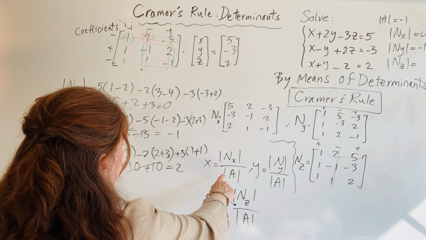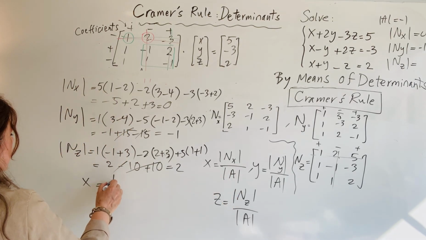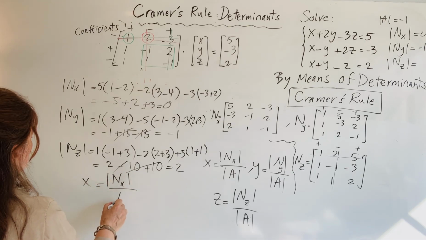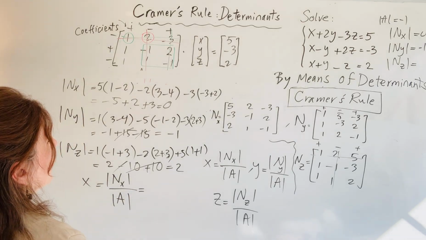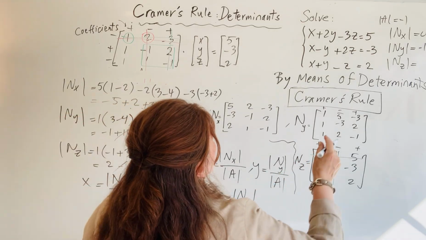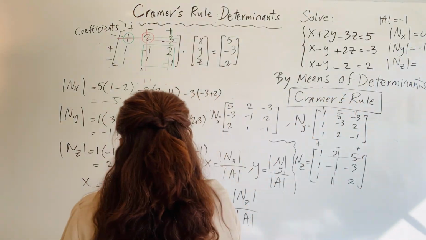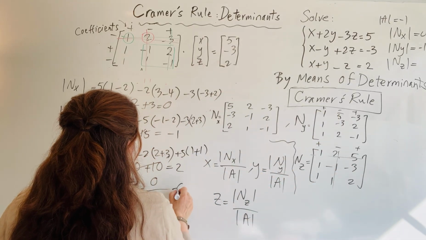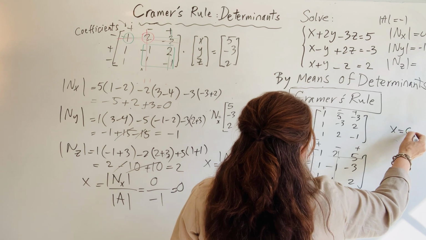Okay, how about this one? X is, you see that, X is over, how much is it going to be? This is 0. Yes, 0. The determinant of A is -1, and X is 0.